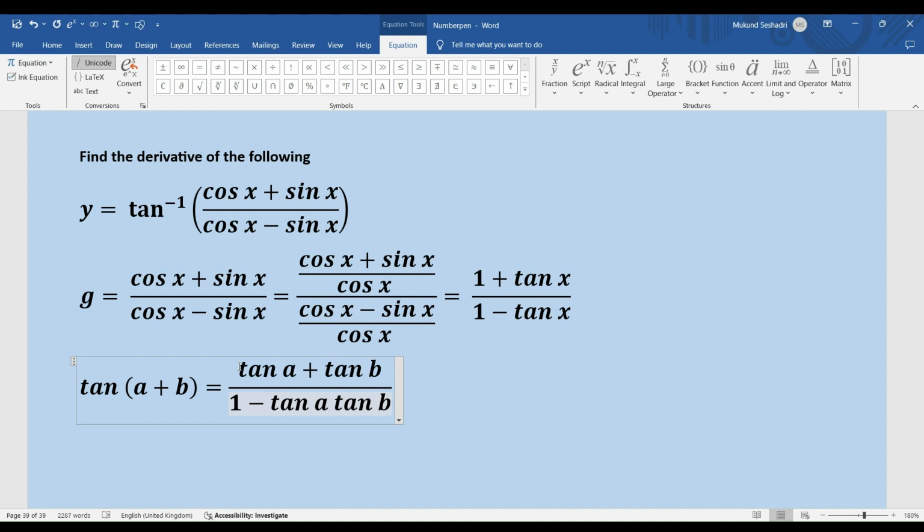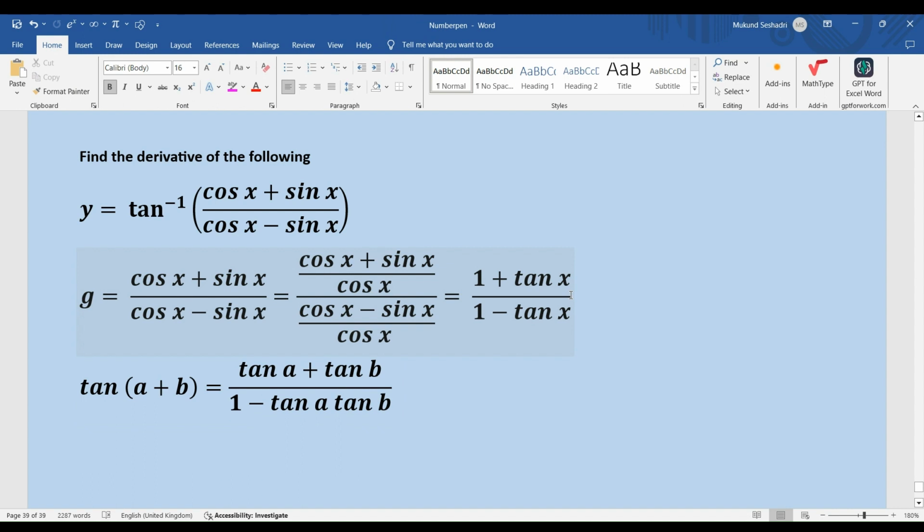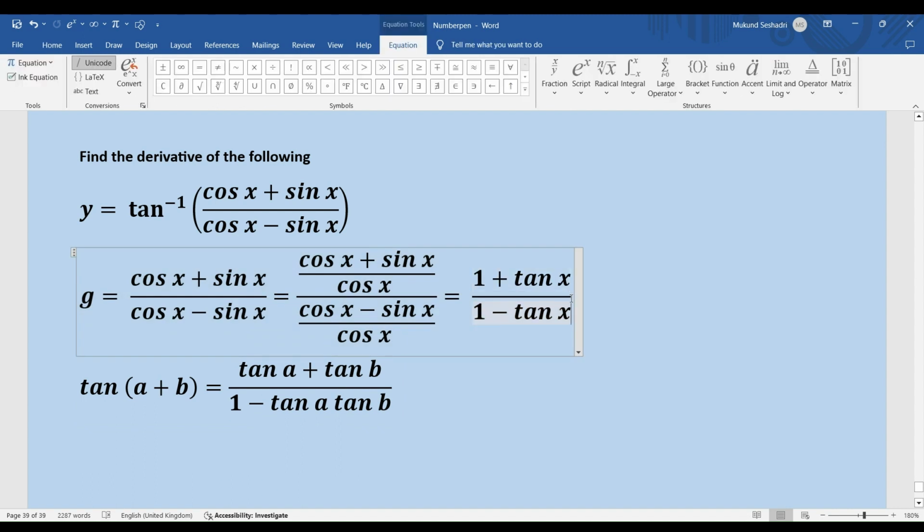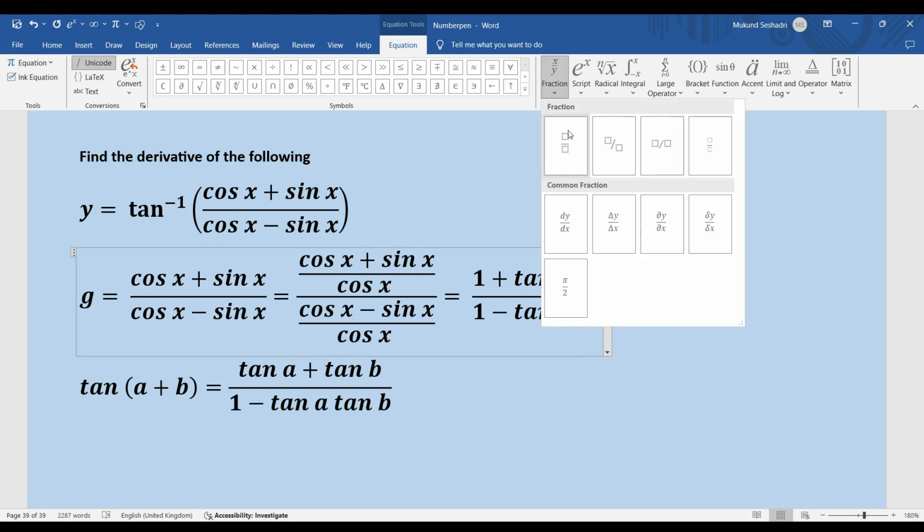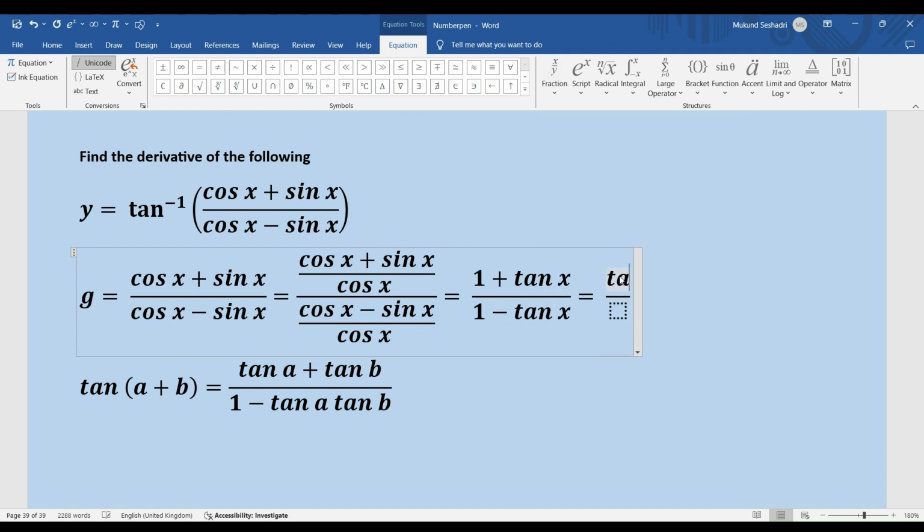And therefore, when I have an expression like 1 plus tan x divided by 1 minus tan x, the 1 is nothing but tan of pi by 4. Tan of pi by 4 is tan of 45 degrees, which is your 1, right? So I'm replacing the 1 by tan pi by 4.